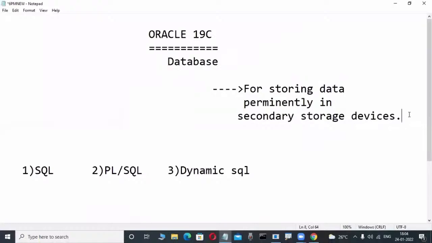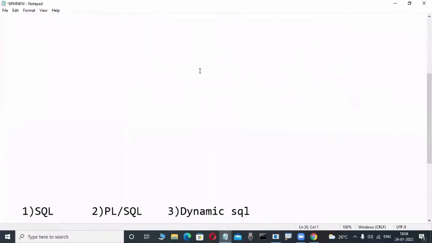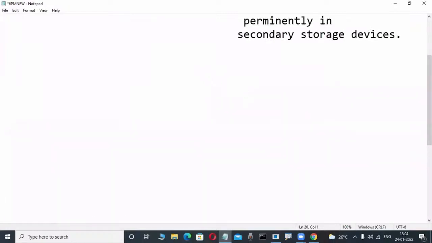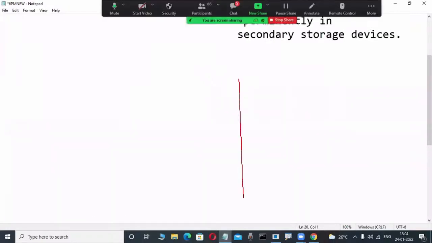As I told in previous classes, observe slowly here: a database means it is a place. Whenever we install Oracle, SQL Server, or DB2 on our system, automatically one place is created.